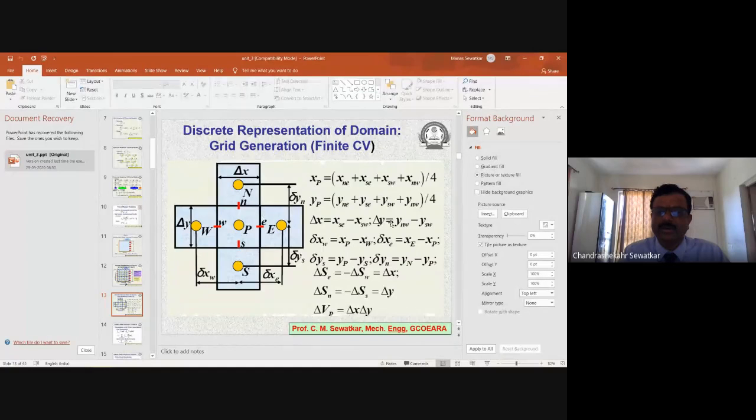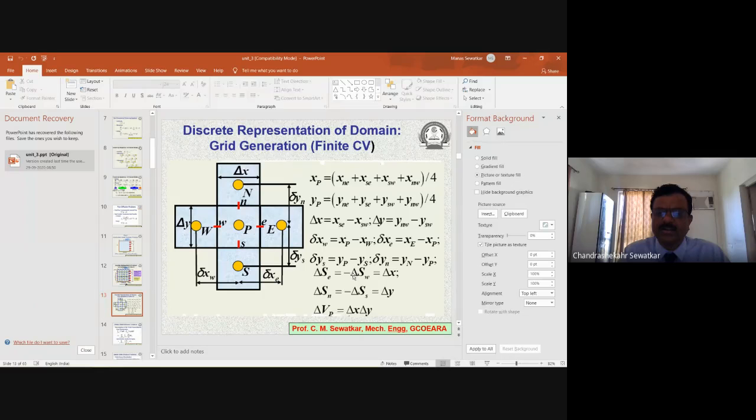Similarly, for delta y, I can use y NW, that is this y coordinate minus this y coordinate, and I obtain delta y. I can also calculate delta XW, that is the distance between the cell center under consideration and the neighboring west cell center. So XP minus capital XW gives me delta XW. Similarly, delta XE, delta YS, and delta YN.